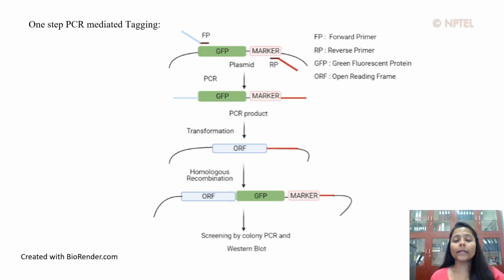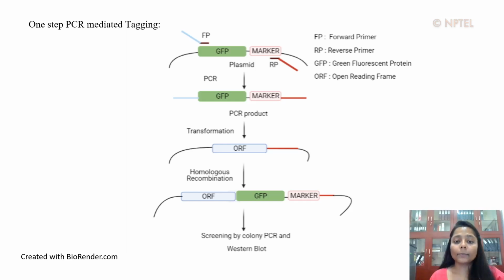During Western blot analysis, when an antibody against our protein of interest is not available, we can actually tag the protein with different epitopes and then use commercially available antibodies against these epitopes and visualize the protein on the Western blot. So let's understand how one-step PCR mediated tagging works.